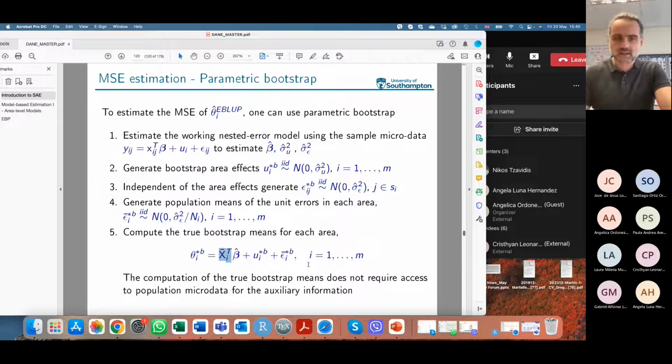We just need the aggregate at the area level. But this is only for this particular type of analysis, because we're estimating a mean. When we go to the poverty mapping methods, there you will require microdata. These X bar_i will not be sufficient. You will need the unit-level microdata in order to do the prediction. But for now you just need the X bar_i, nothing more.